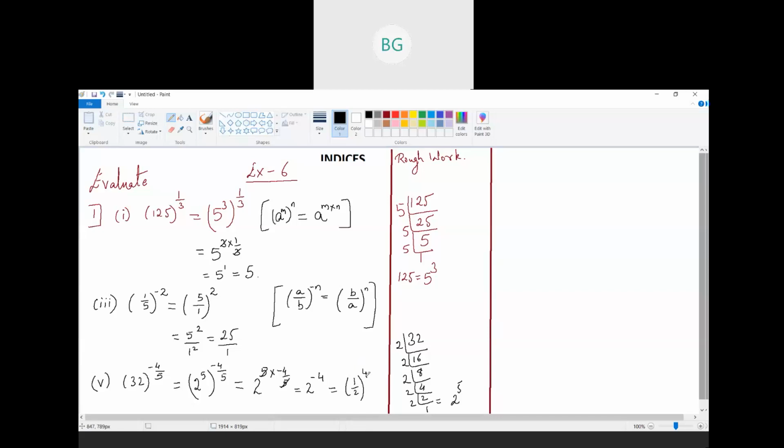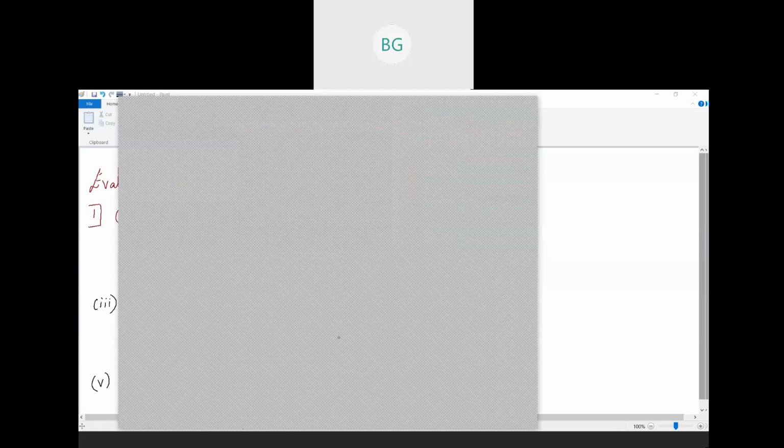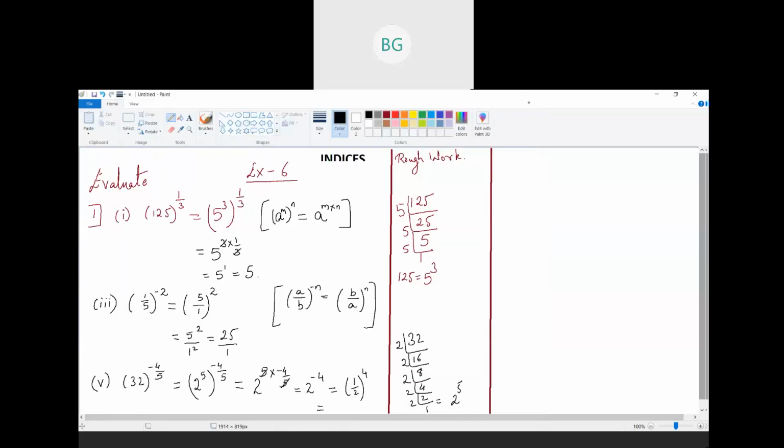So what is 2 raised to power 4? 1 raised to power 4 will be 1, and 2 raised to power 4 is 16.